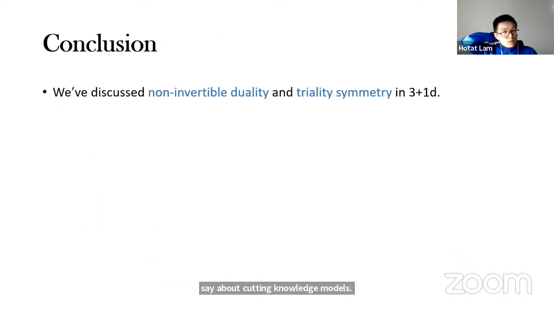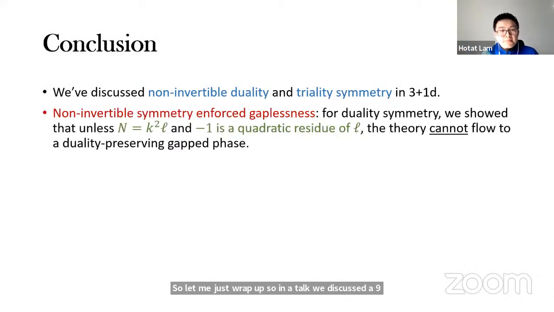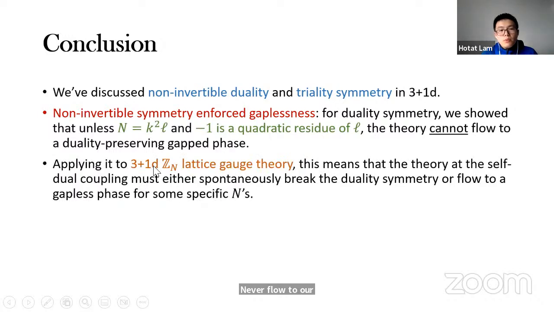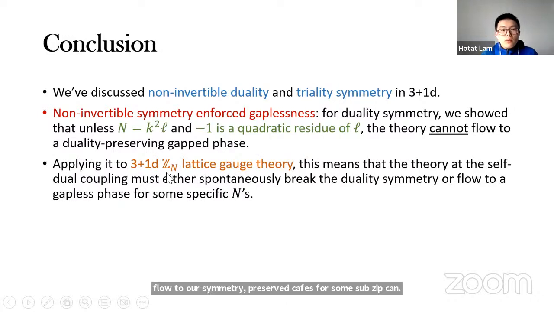In the talk, we discussed non-invertible duality symmetry. And then we also showed that these non-invertible symmetries can imply symmetry-enforced gaplessness. In particular, it means that the theory can never flow to a symmetry-preserving gapped phase for some specific n. So we applied it to 3+1D Ising lattice gauge theory, and we showed that at the self-dual coupling, the theory must either spontaneously break the symmetry or flow to a gapless phase for some specific n.